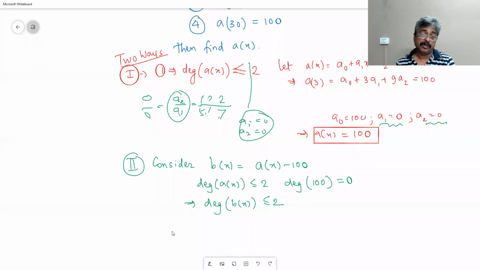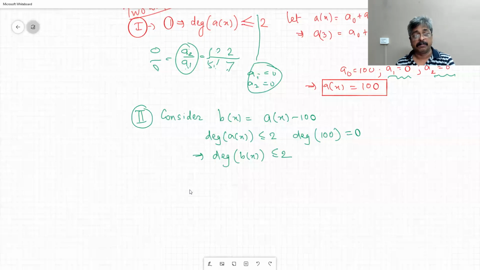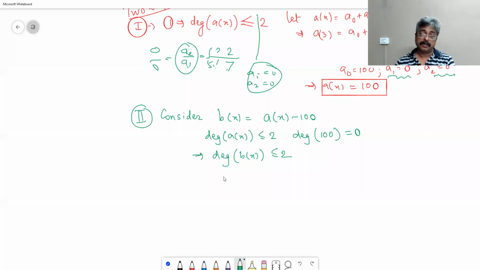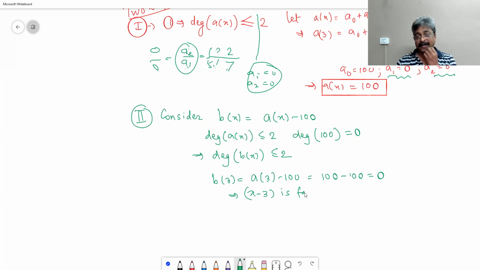Now let us use the factor theorem. B of 3 is equal to a of 3 minus 100, which is equal to 100 minus 100, which is equal to 0, implies x minus 3 is a factor of b of x, correct?